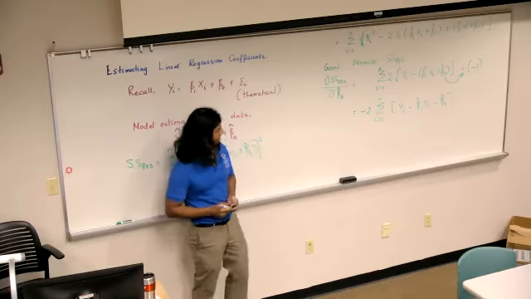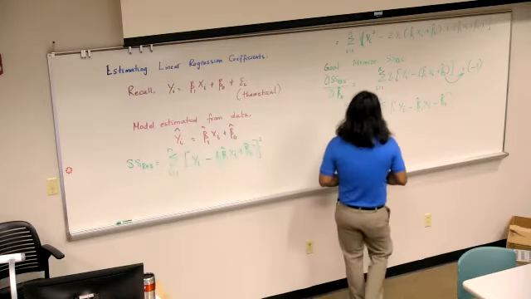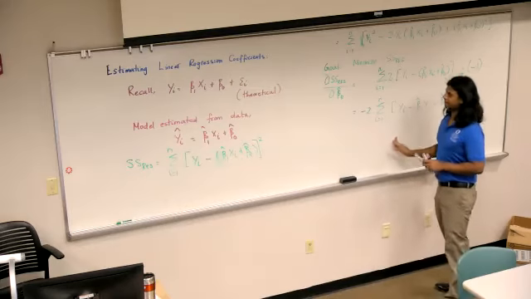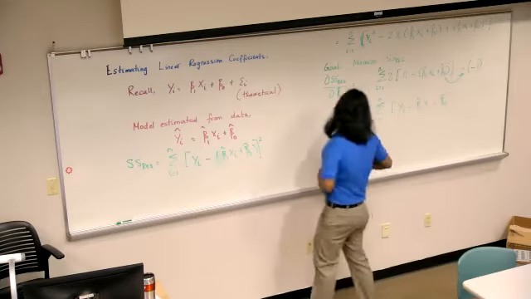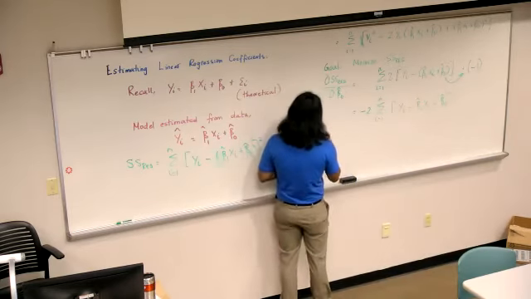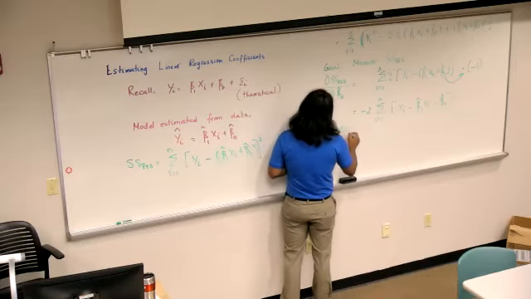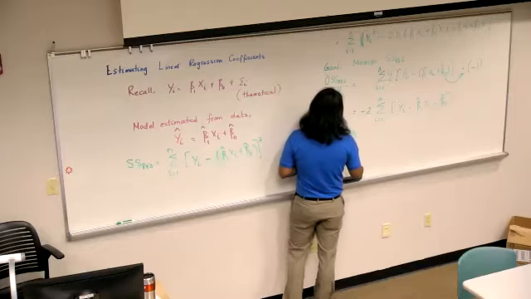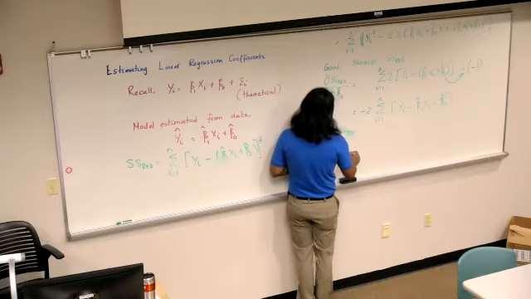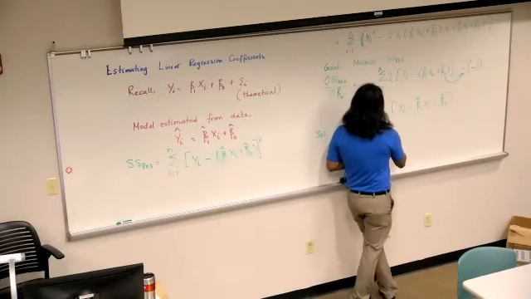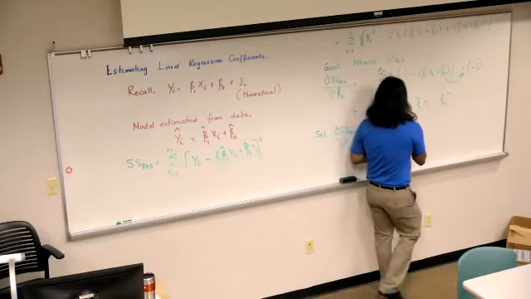Good. Well, we want to set this equal to 0 and solve for beta naught hat.